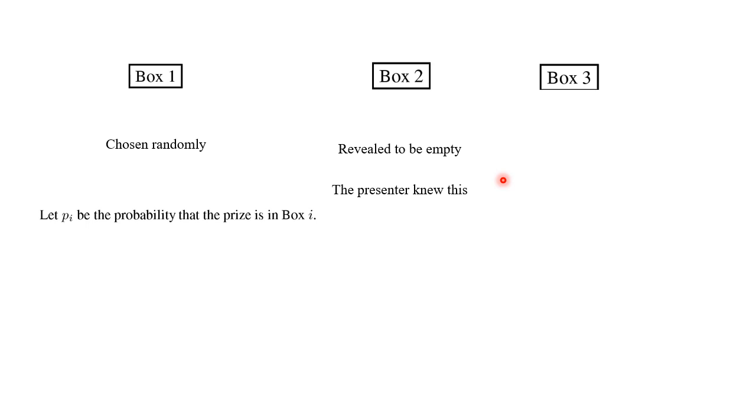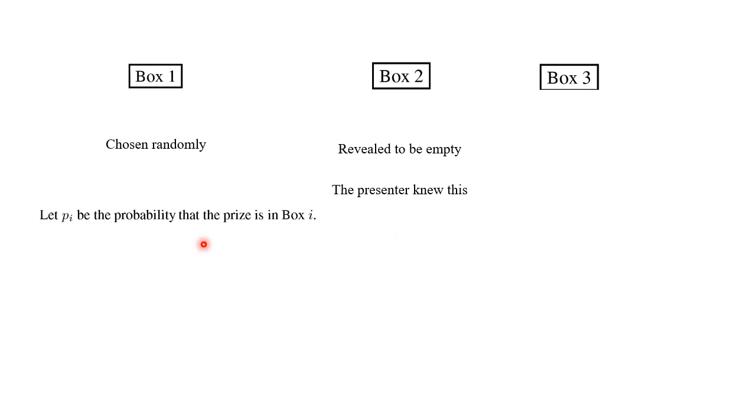So here is our situation again. There are the three boxes, and you've chosen box 1 randomly, and the presenter has revealed box 2 to be empty, and he knew this. Now, I know it's subtle, but that's information that has been injected into this problem, this information that the presenter knew that box 2 was empty.